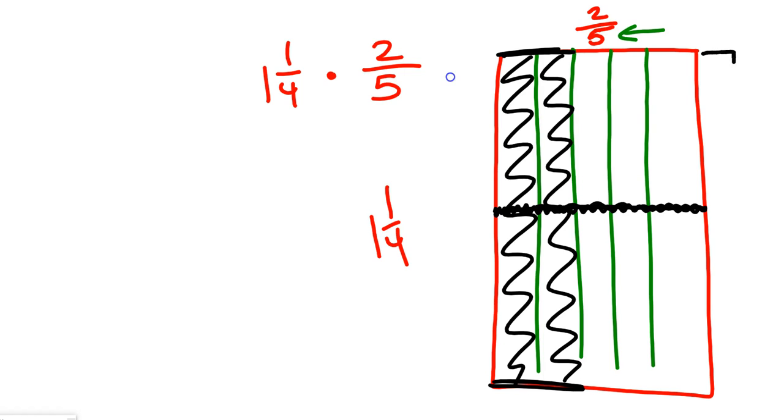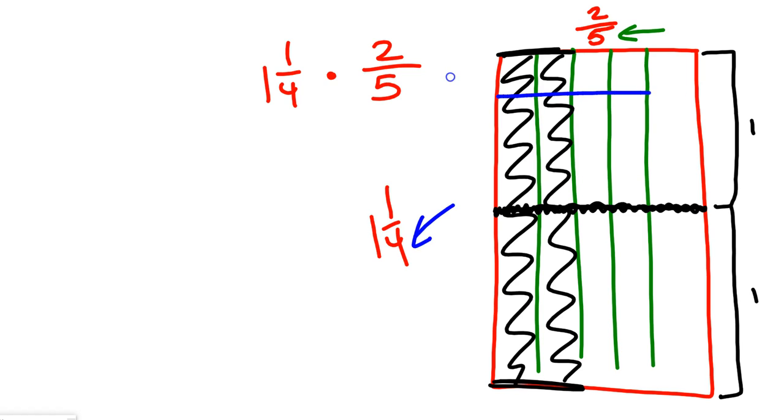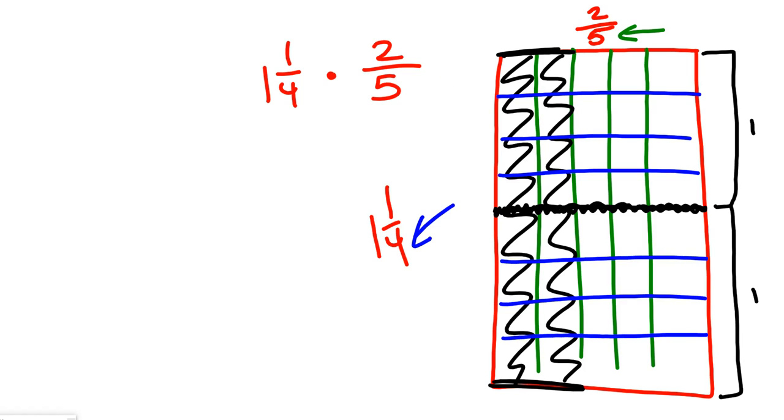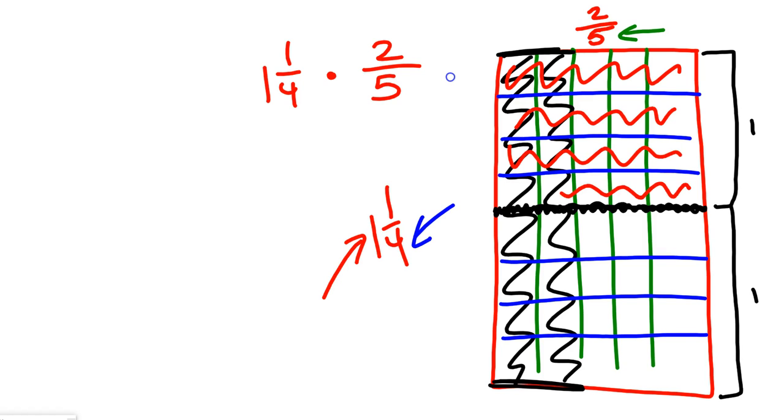So from here to here is 1 acre, and then from here to here is another acre. I'm going to split them into fourths, because that's my denominator. 1, 2, 3. 1, 2, 3. I'm going to shade in 1 whole acre. That's what it tells me to have, 1 1/4. There's my whole acre, and then 1/4 of the next one. And as you can see, my land is just right here.